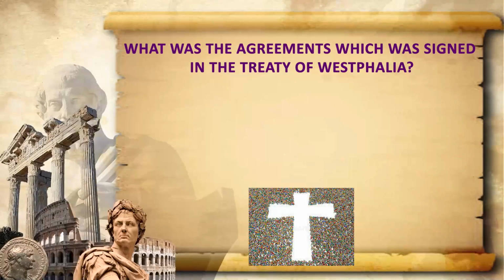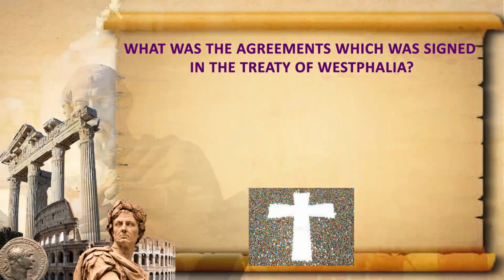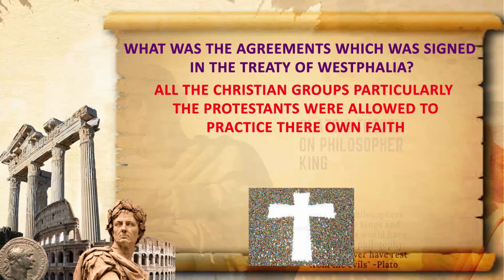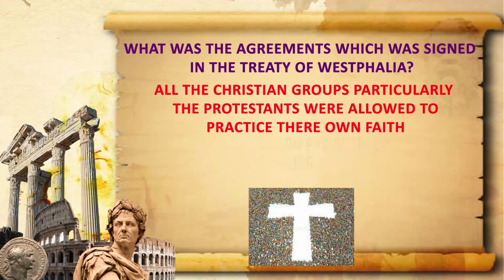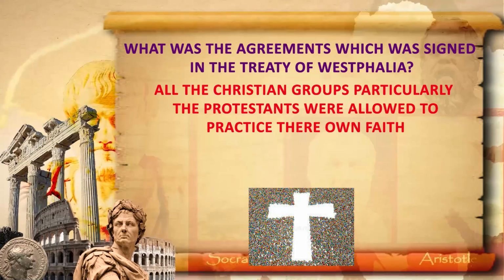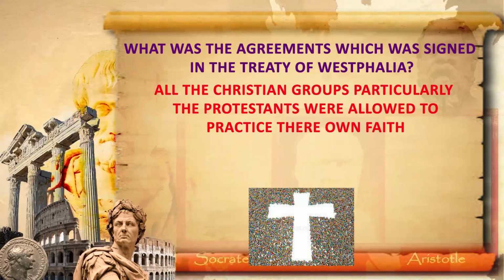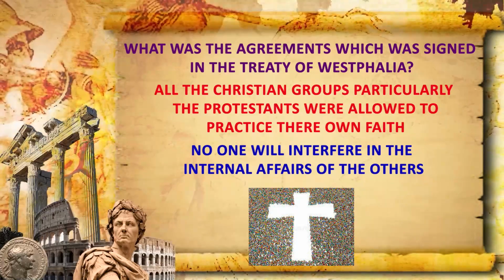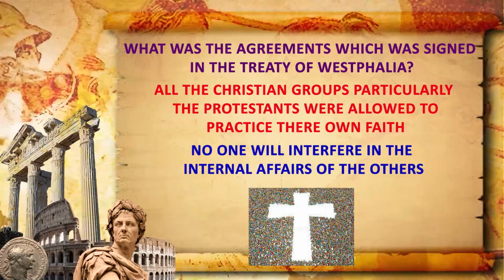Now, what are the agreements which were signed in the Treaty of Westphalia? All the Christian groups, particularly the Protestants, were allowed to practice their own faith. That means no one will interfere in the internal affairs of the others.